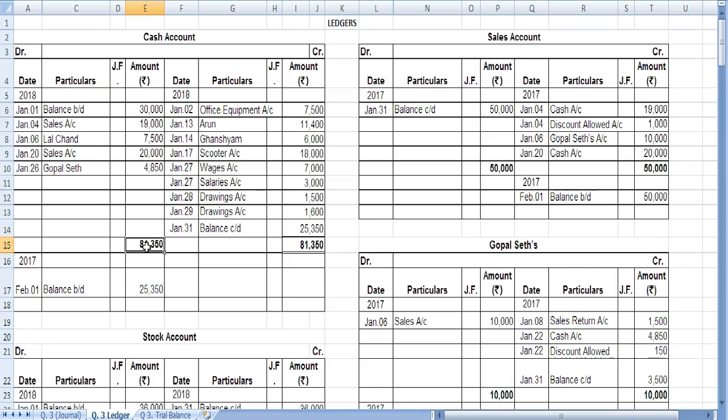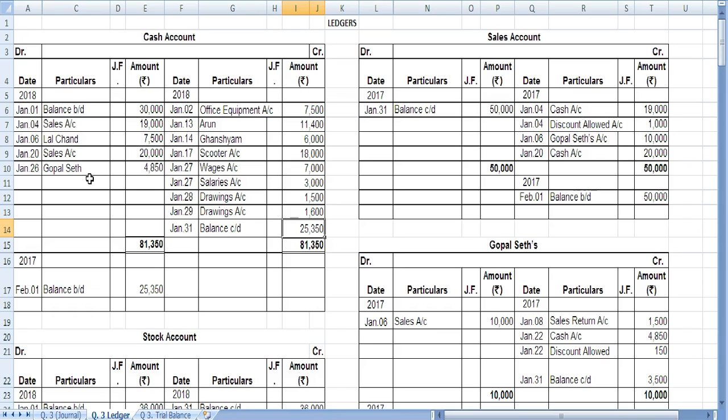That means this side is greater. So after subtracting the amount, 81,350 minus the other total, we will have to find the balancing figure. It depends on which side is greater or which side is less.